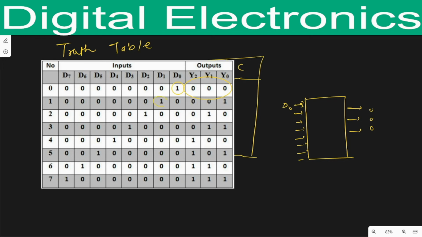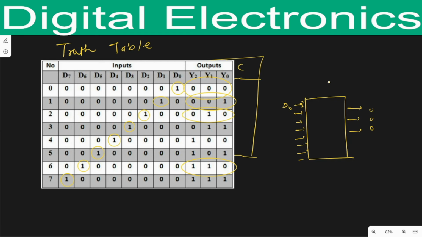In the second case, when D1 equals 1, the binary form of one, that is 0, 0, 1, will appear on the output side. When D2 is 1, the binary form of two, that is 0, 1, 0, will appear on the output side. The same case continues for the other inputs also. Suppose when D6 equals 1, then the binary form of 6, that is 110, will appear on the output side. So it is clear to all of you.